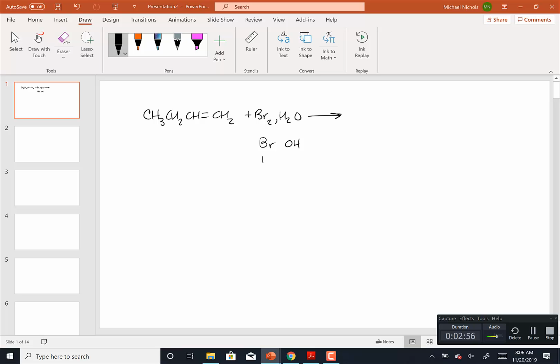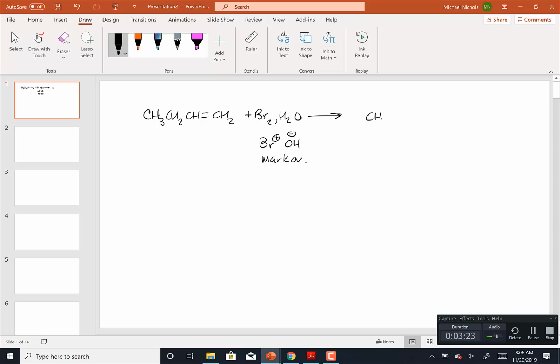So I'm going to add Markovnikov, which means that the Br plus, in essence, is what's going to add to the carbon with the most hydrogens. 100% cis, 100% trans, 50-50 for Br and OH? Trans, because it goes through the triangle.